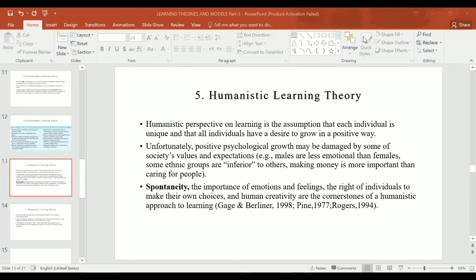Like the previous theory, the humanistic theory is also based on the emotional aspect, and the basic concept of this theory is spontaneity. Spontaneity is the importance of emotion and feeling, the right of individuals to make their own choices, and human creativity, which are the cornerstones of a humanistic approach to learning.